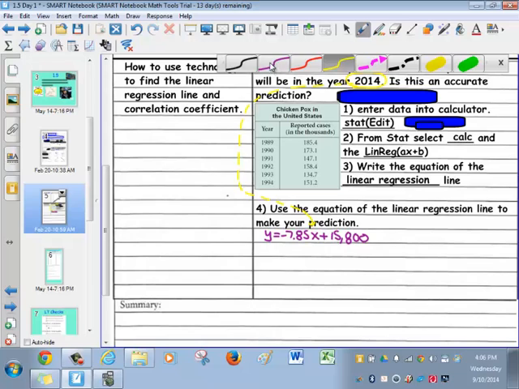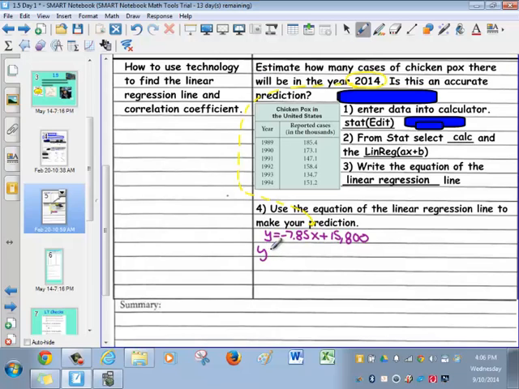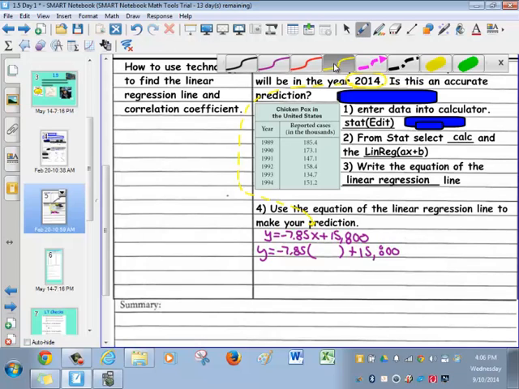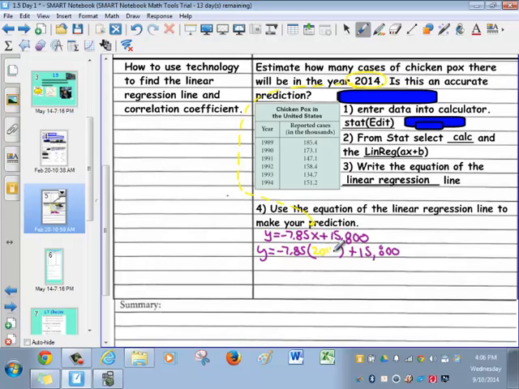So if I were to do that, I get Y is equal to negative 7.85 times 2014 plus 15,800. Okay, and then let's get that 2014 in there. I just took that and plugged it in there. Now I just need my old calculator helper to figure this out.